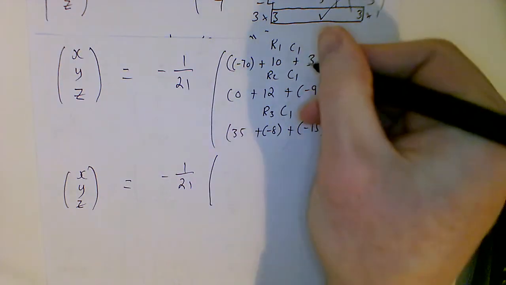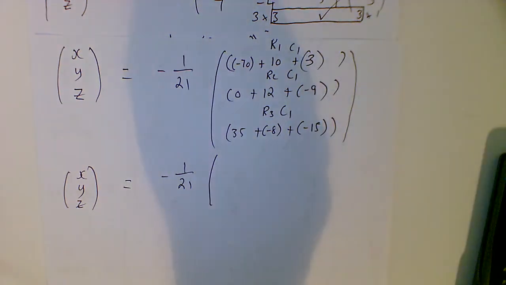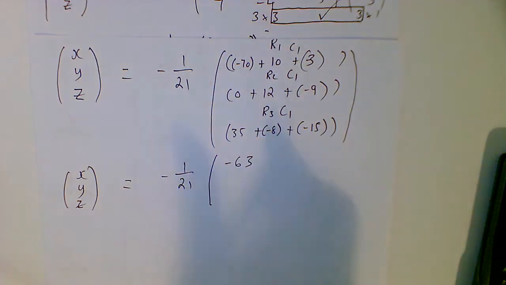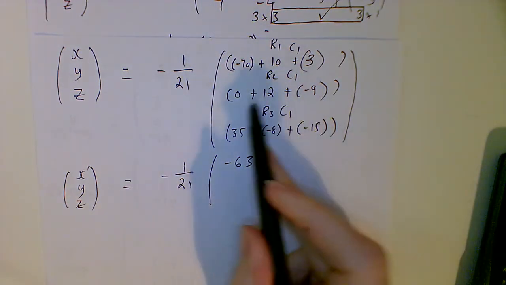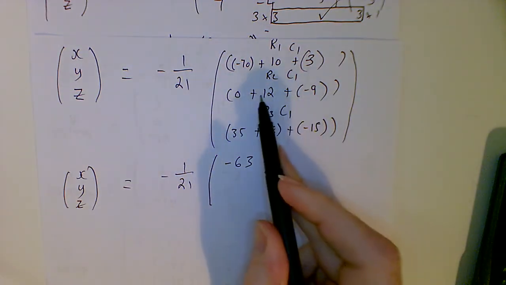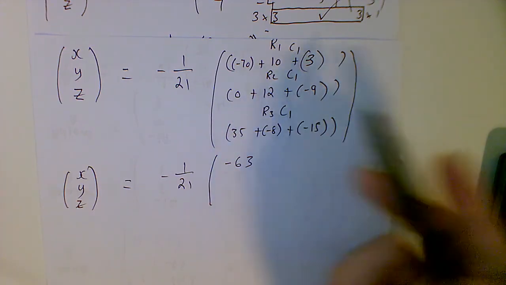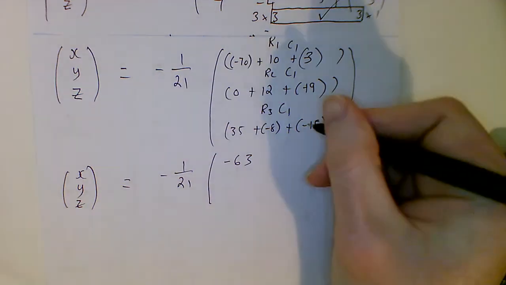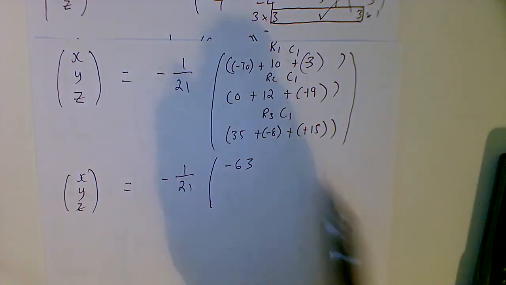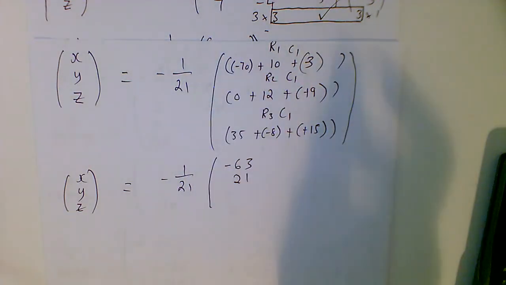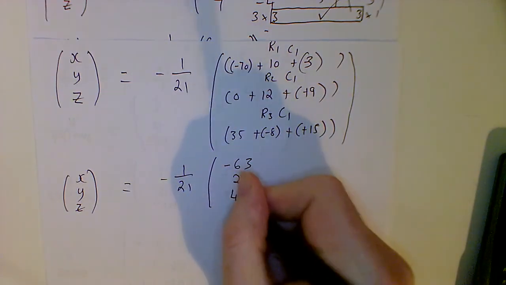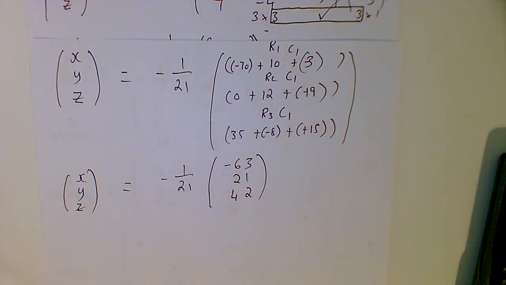I get, so that's a negative. So I get that to be negative 63. I work these out, add these together. Same issue, that's going to give me a plus this time. Right. So add those two together, I get 21. And if I add all these up together, I get 42. Right.